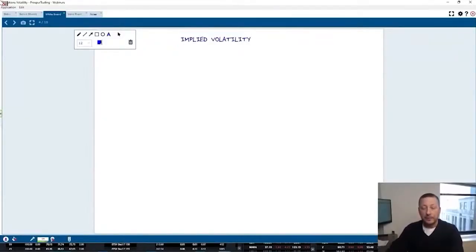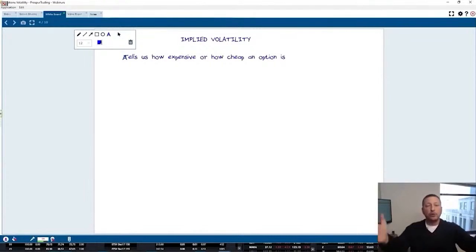What is implied volatility? Basically, implied volatility tells us how expensive or how cheap an option is based on its historical trend of premium.